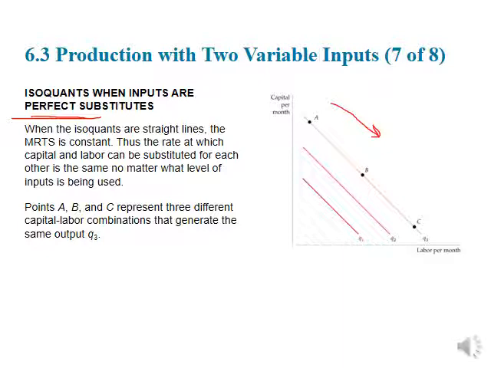Last slide, we gave the example of laborers and robots as perfect substitutes for one another. Take a minute on your own to try and think of other firms you might know that might have perfect substitute-like inputs. Noting that since perfect substitutes have linear isoquants, the MRTS, the slope of that isoquant, is constant.